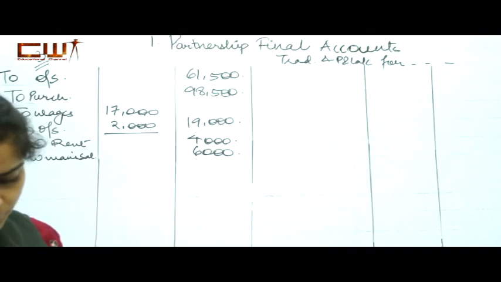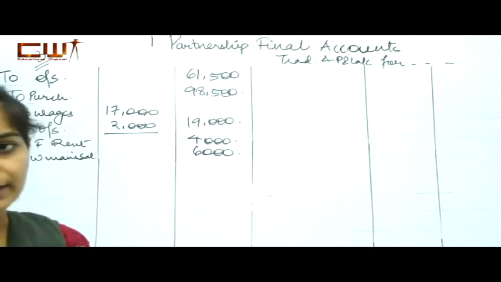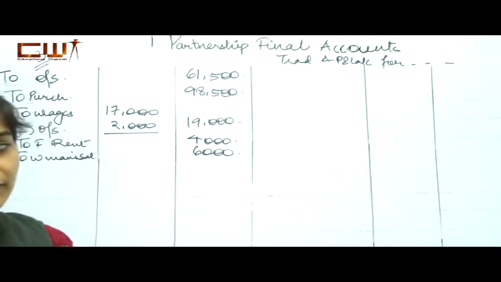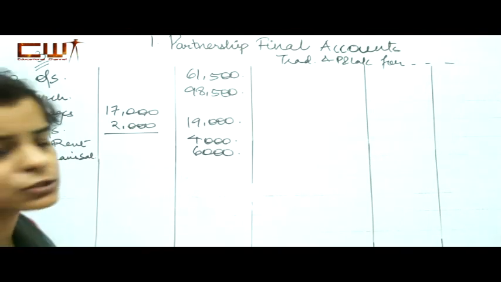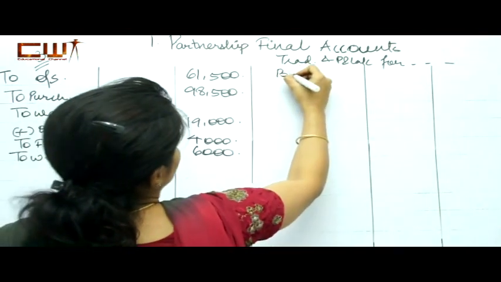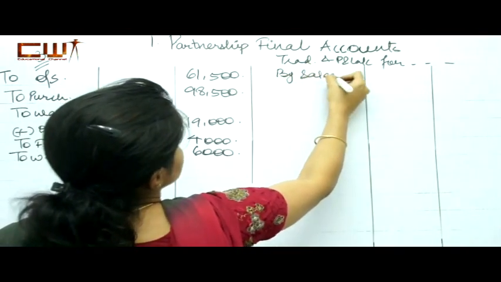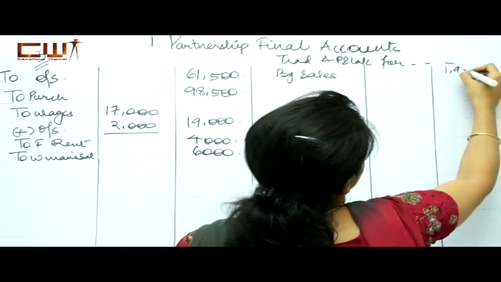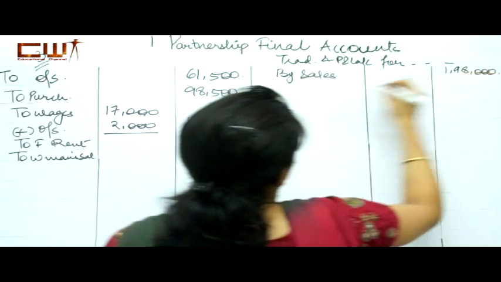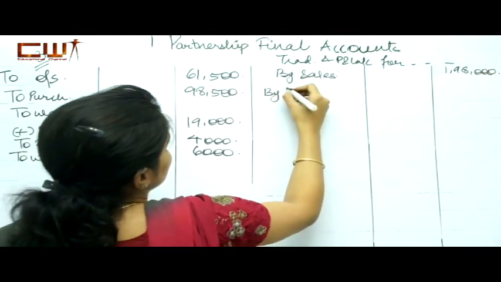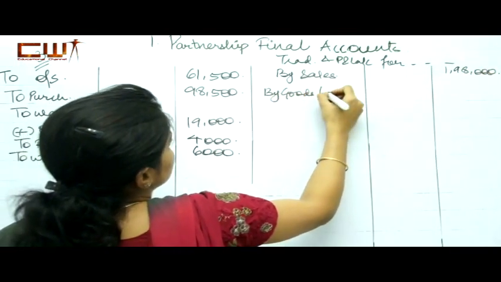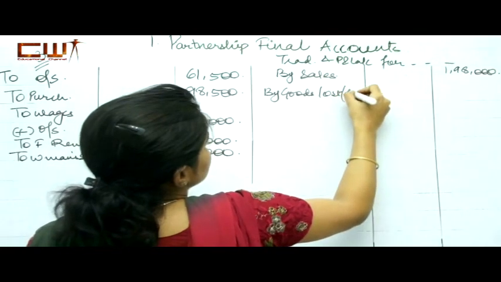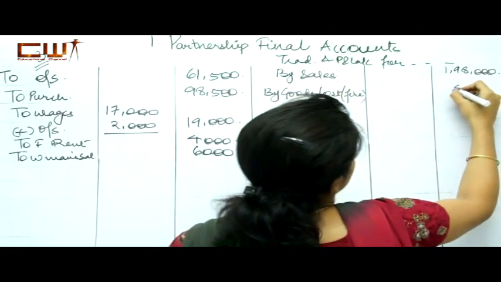Credit side, what will come? You have the sales that will come, and you have goods lost by fire 5,000 as I told you earlier, and closing stock. By sales, how much is the sales for? 1,98,000. Right? How much is the goods lost in fire? 5,000.